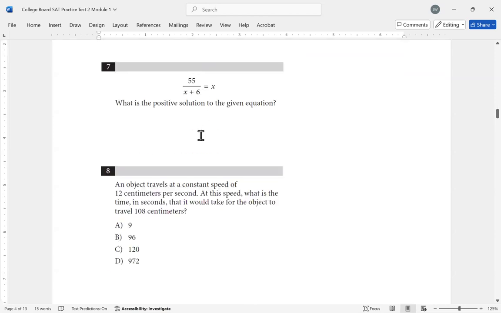Question 7 says, what is the positive solution to the given equation? Now, you can solve this in various ways, but the way I'm going to do this is the algebraic approach.